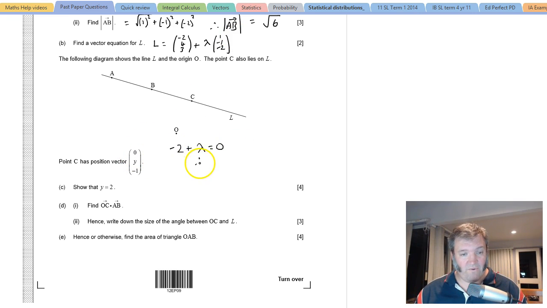So here we go, therefore lambda equals 2. Now I can go ahead and work out y. Therefore y, this y-coordinate here, is going to start at 4, plus it's going to be 2 for lambda times -1. I'm pretty sure that 4 minus 2 is 2.